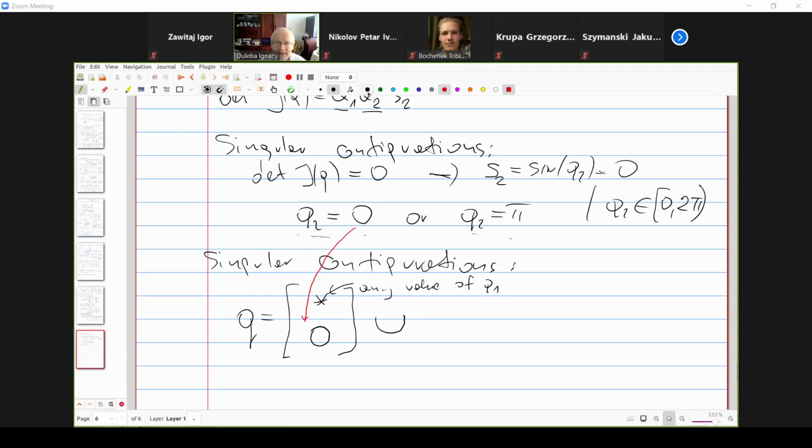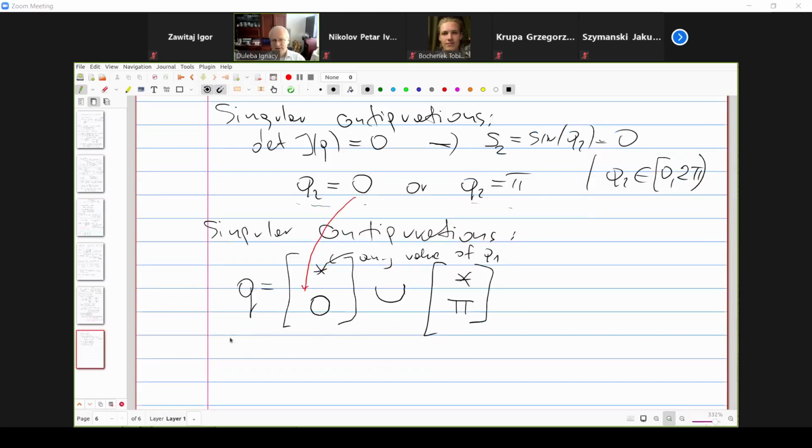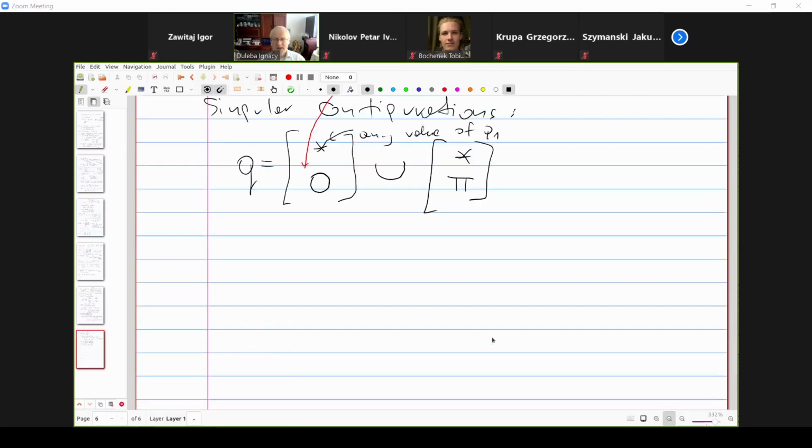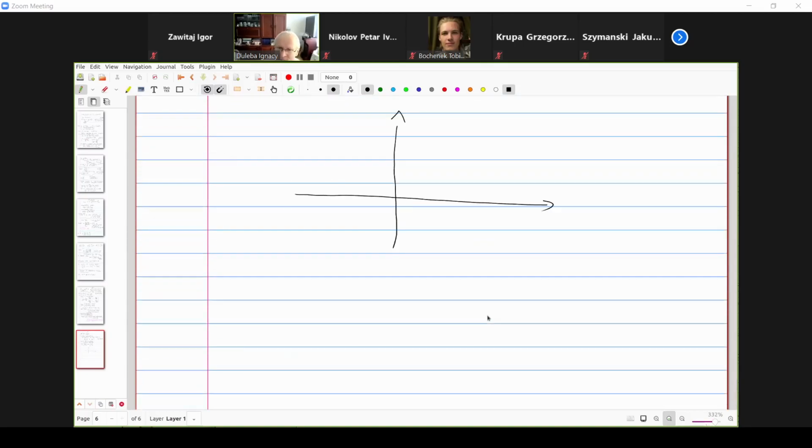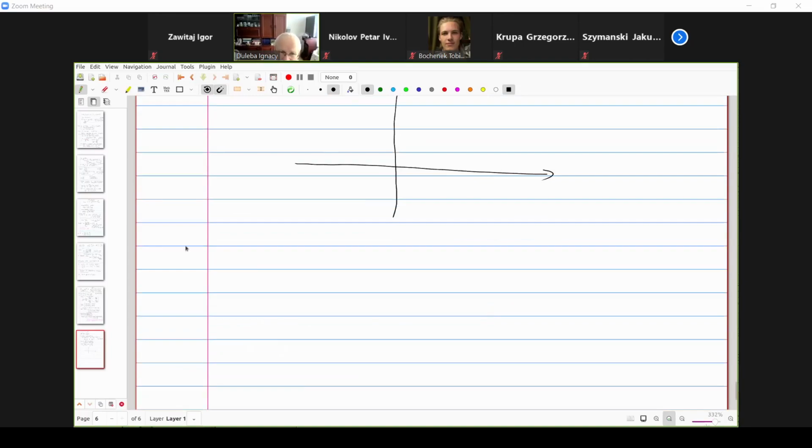And any value of Q1 and pi value of Q2. So in this example, I also make once again a drawing of this situation just to illustrate the concept of configuration space and how singular configurations look like.